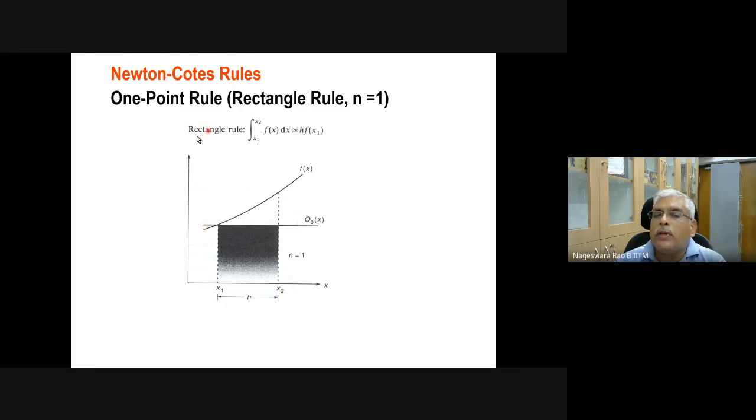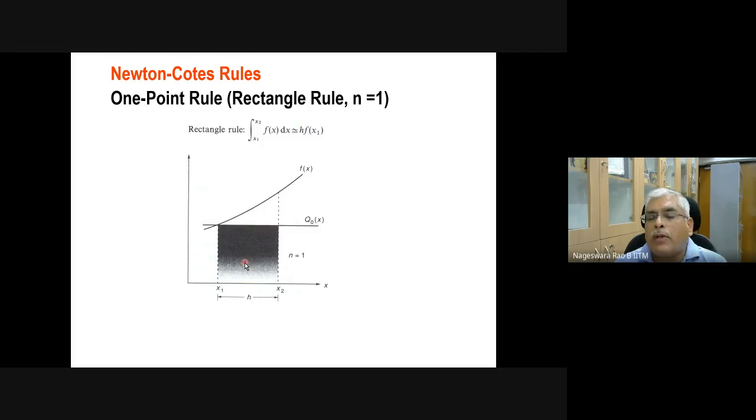So by this rule, whatever is called the rectangle rule, you are evaluating the function at one of the limiting points, the lower limit, and multiplying it with the distance between the 2 points, and you are trying to approximate that as the area.